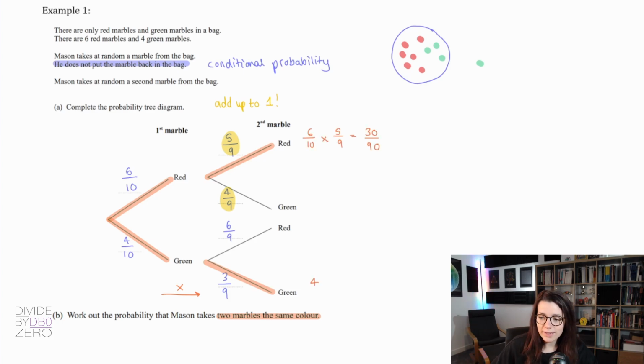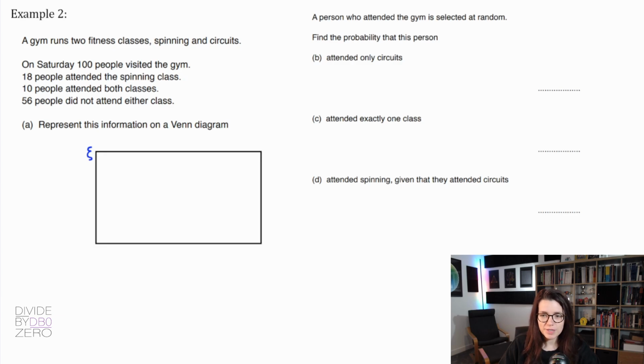And for green, green, we've got 4/10 times 3/9, 12 over 90. Going down the tree diagram then, we add these two probabilities together to get the final answer. So 30 out of 90 plus 12 out of 90 is going to give us 42 out of 90 for the final answer.